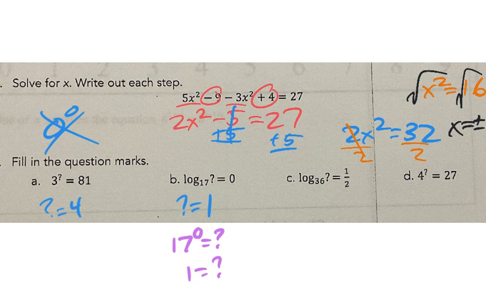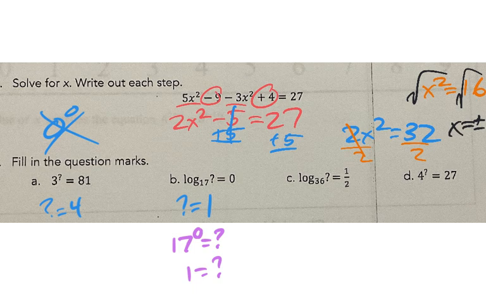C. Log base 36 of what equals 1/2? So again, if I need to solve this, the thing I'm looking for is in the argument. We had all of these steps that we used to do when we solved equations.